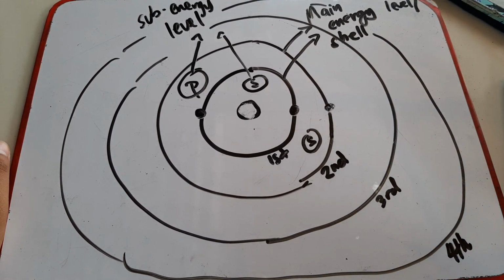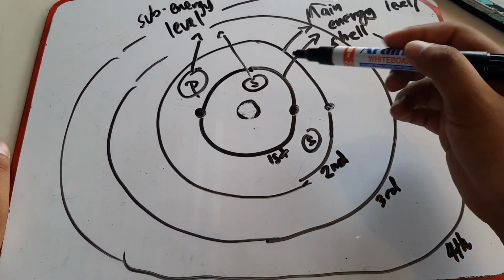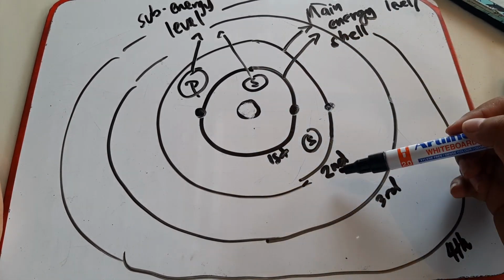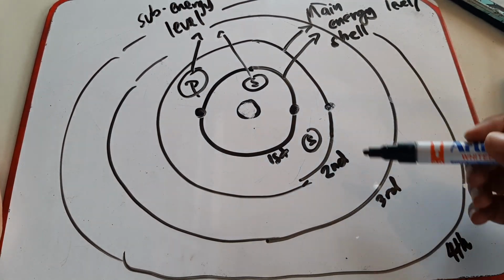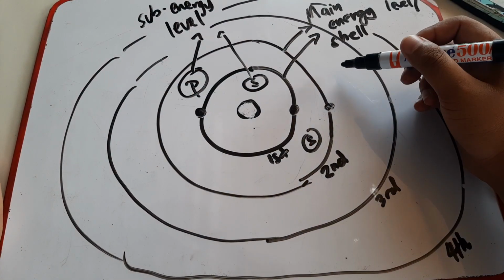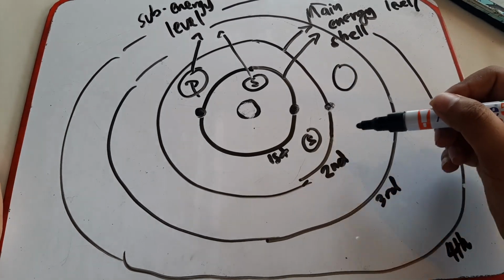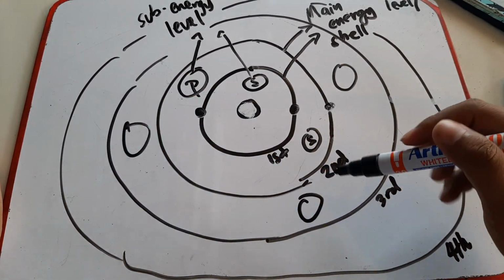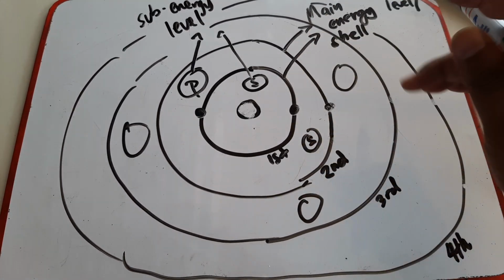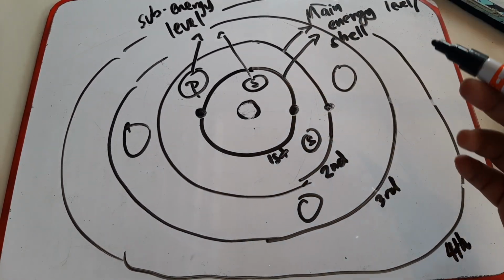First, second, third, and fourth. So, again, as I was saying, first energy level, 1 energy level will give you 1 subshell. 2 energy level will give you 2 subshell. Third energy level will give you 3 subshells rather. So, that's 1, that's 2, and that's 3. Again, I'm just assuming position for these sub-energy levels because we cannot locate where the electrons are.